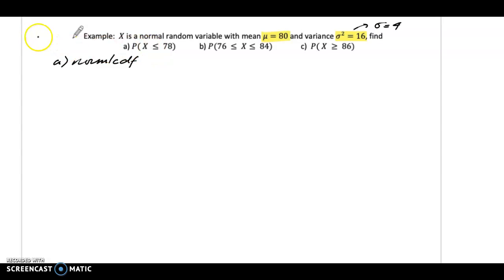We don't need to actually use the z-score, and just remember the z-score is equal to x minus mu, over sigma. That is, we would have to turn this x into our z by subtracting the mean and dividing by the standard deviation. I'll show you how to do an example like that.